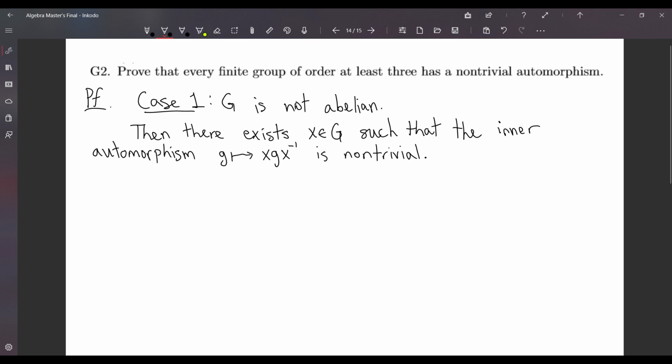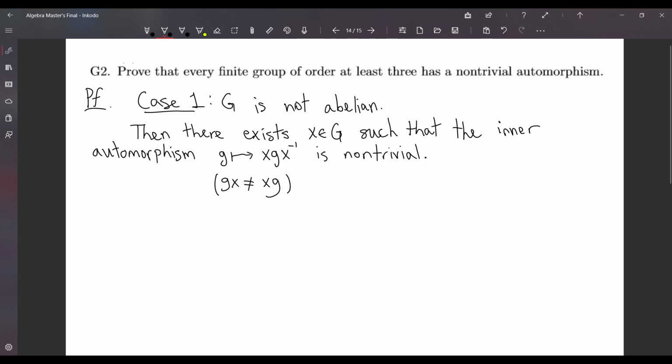Right? Because essentially this means that there has to be some pair of elements where gx is not equal to xg, right? Because G is not abelian. If G was abelian, then this would always be true.